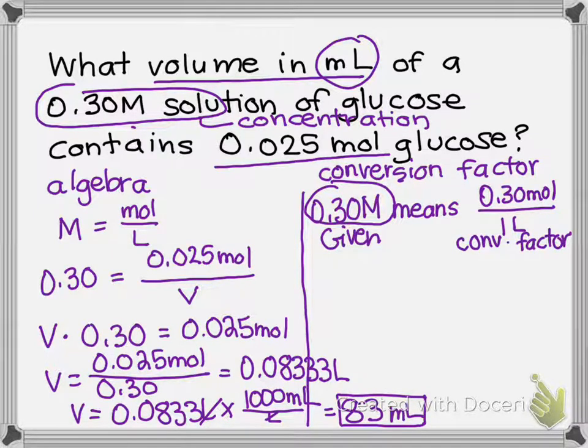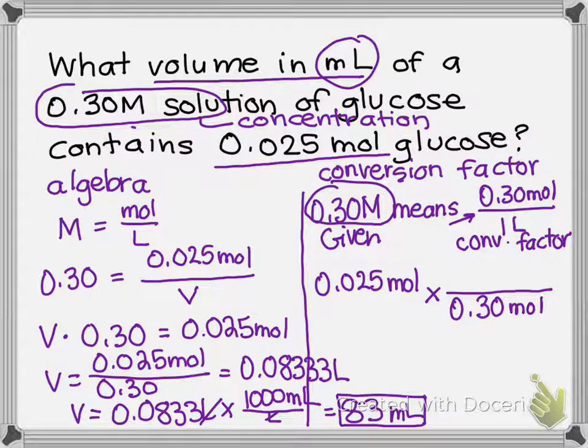So I write down the other information I knew, which was 0.025 moles. I start with that, then I multiply it by the conversion factor right here. But I want moles to be on the bottom, so they'll cancel. So I'm going to flip it. And the moles cancel, and I get 0.025 divided by 0.3.